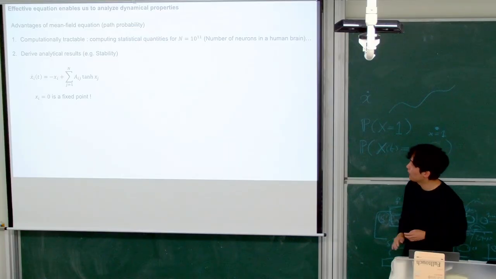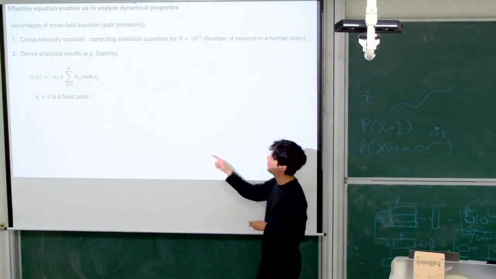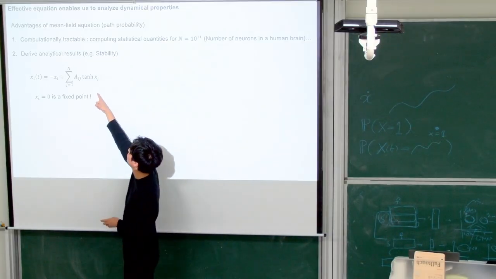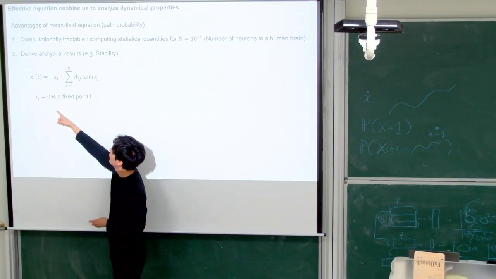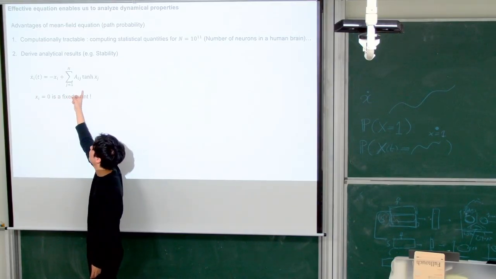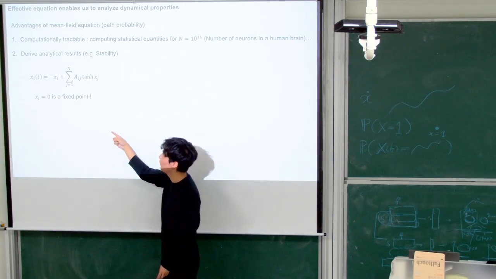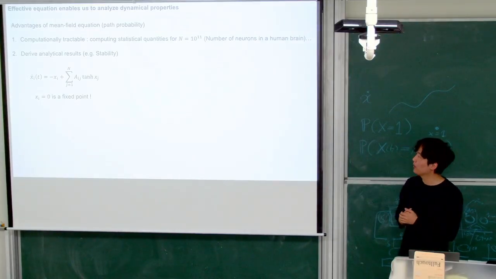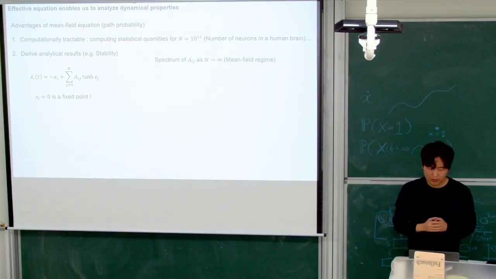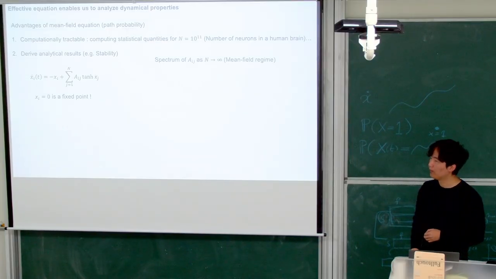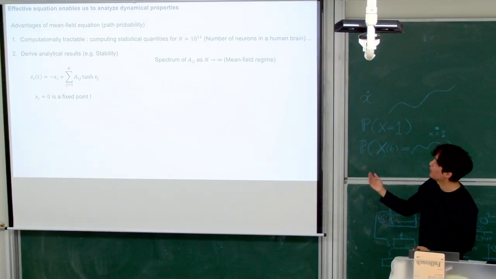For instance, if you have this system, you can notice that here the interaction is hyperbolic tangent. So if you put x equal to 0, the right hand side is 0. So 0 is a fixed point. Now, if you have a fixed point, you want to study its stability. How to study stability? The authors used the effective equation.